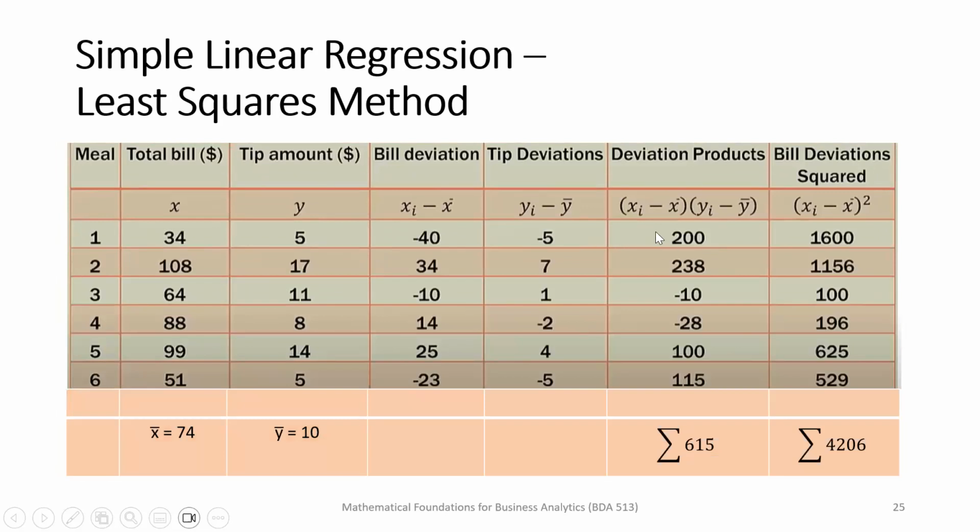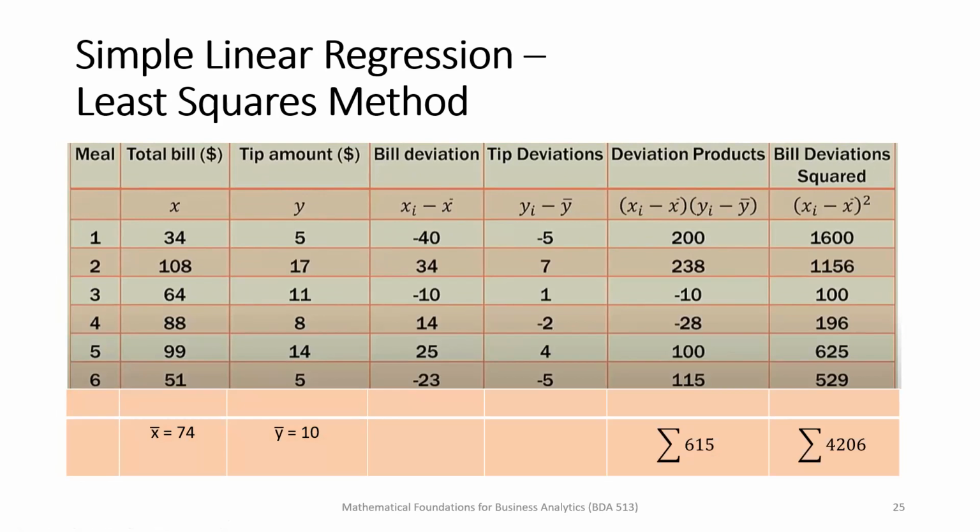So once we found the difference, let's multiply the two deviations. That is Xi minus X bar and then Yi minus Y bar. So for the first row, if you multiply negative 40 by negative 5, it gives you 200, doesn't it?